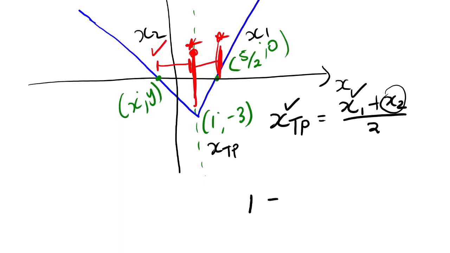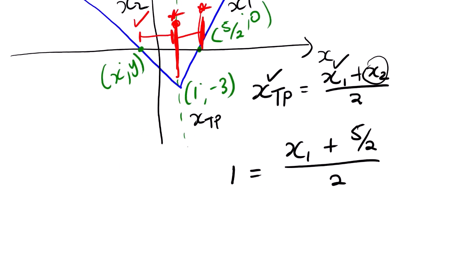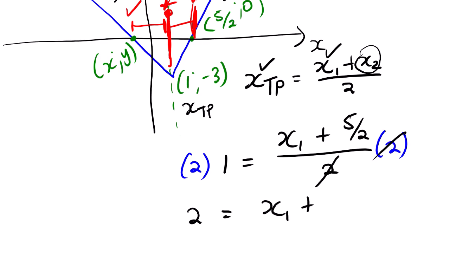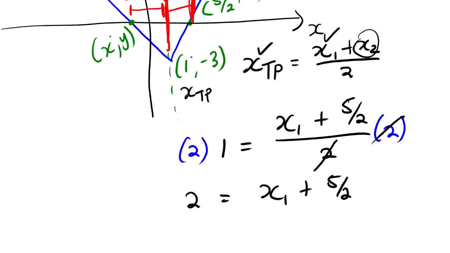Okay, so we have 1 equals x1 plus 5/2 divided by 2. And then from here we can just multiply both sides by the number causing the fraction. This will get rid of this, and then we are left with 2 multiplied by 1, it's 2, and then we have x1 plus 5/2.